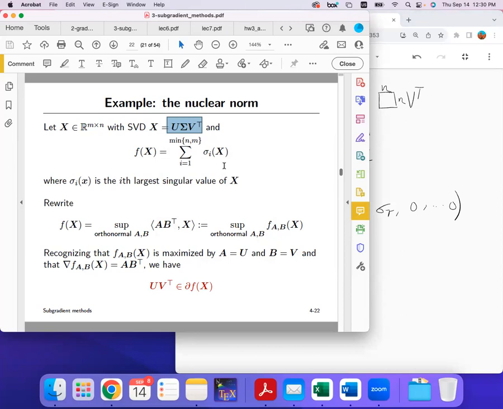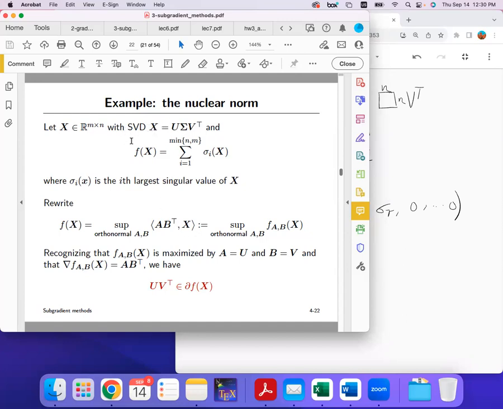Every matrix is associated with a diagonal matrix up to some linear transformations. U and V are orthonormal transformations. So it's just a diagonal matrix sigma, apply some orthonormal transformations, and we get the matrix X.